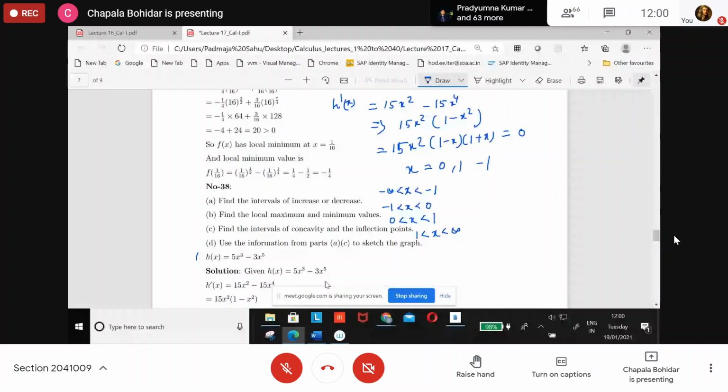After writing this interval, you do it yourself at home: find the value of f dash x, whether it is positive or negative. You can take any point in between and put it here and check whether it is positive or negative. Then it is decreasing or increasing. I'll ask you this part in the next class. Do it yourself.